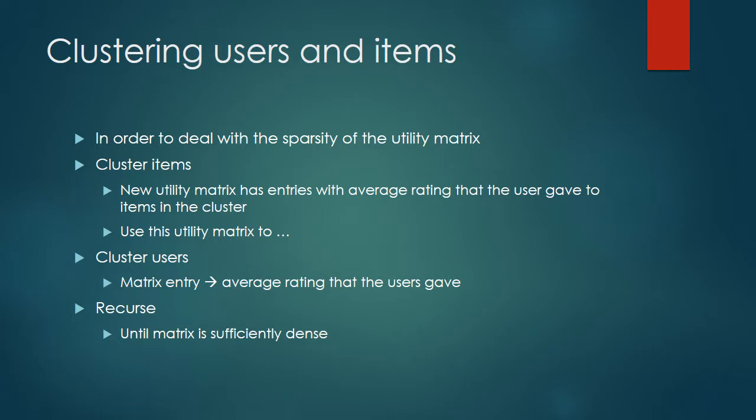One approach that we would use, and this is where we come back to clustering, is that this matrix is so sparse that the task of finding similar users or similar items is very, very difficult. To improve the reliability, we want to cluster these. We can cluster users and we will cluster items. Effectively, think of it that we start off with a very, very large utility matrix, and we are trying to produce coarser representations of this.